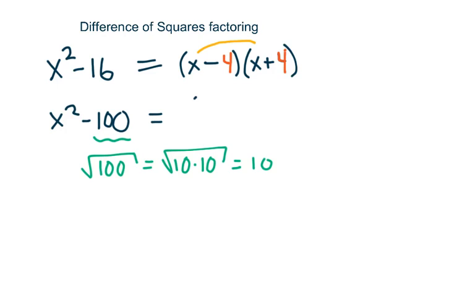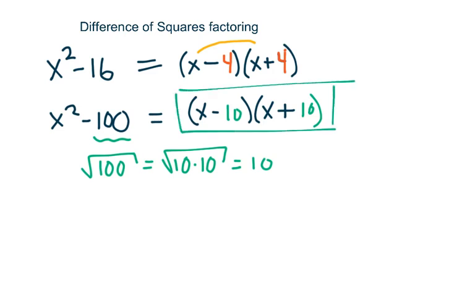So all we need to do is write x minus 10 times x plus 10. And we have our final answer. Again, if you want to convince yourself, go ahead and do a FOIL and convince yourself that when you use the distributive method, you're going to get x squared minus 100 again.